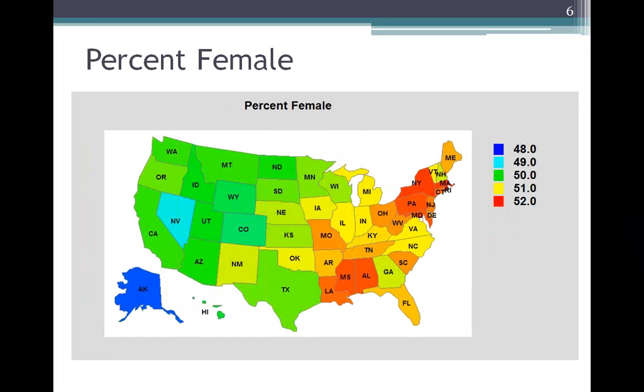It ranges from about 48% female up in Alaska, and there's Alaska down here, to nearly 52% in most of the northeastern states and also states like Alabama and Mississippi.